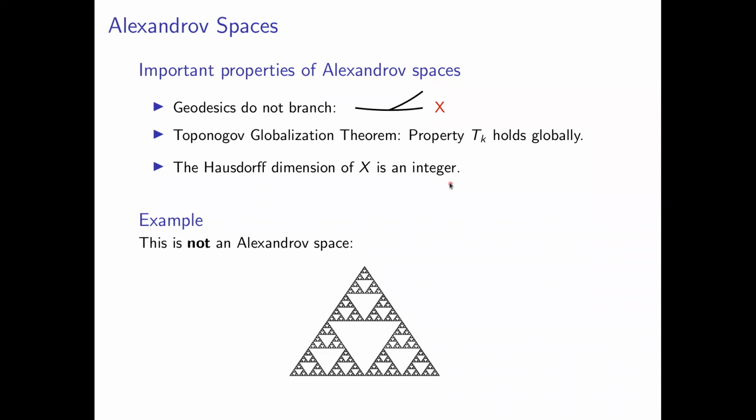For example, for these CAT(0) spaces, the dimension may not be constant. What you can think of these comments as saying is that topologically they're not too bad. In particular, there are no things like fractals, where you have non-integer Hausdorff dimension.